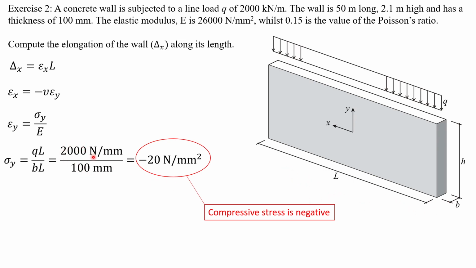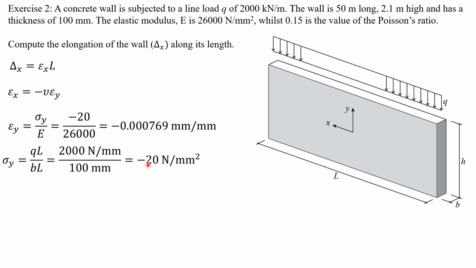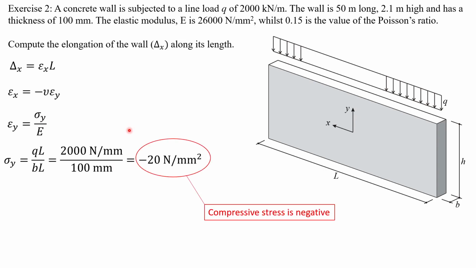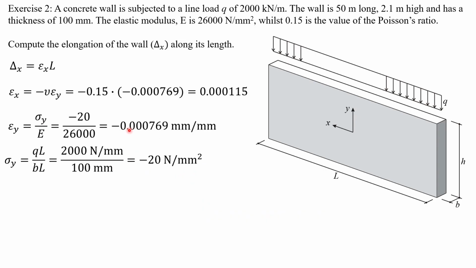You can calculate that as negative because it's a compressive force. Bring that back up, and that calculates it all out. So the overall wall would extend by 5.7 millimeters.